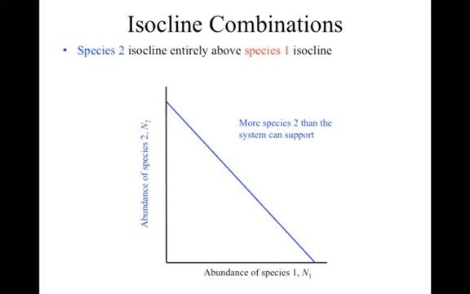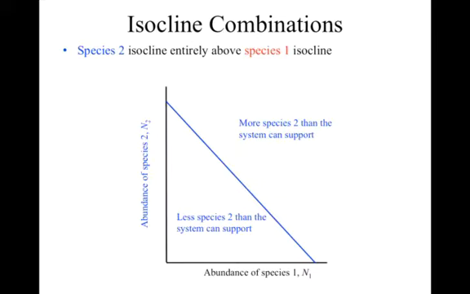I can't fit that much species 2 in. There isn't room, there's not enough resources, and so I just have too much. On the other hand, if I am below the species 2 isocline, then I have too few species 2. I could actually fit more species 2 into that system. There's enough resources to fit a little bit more of species 2 in there.